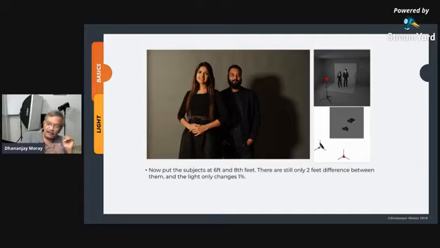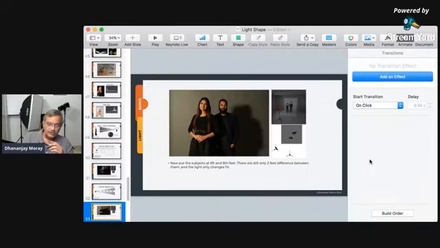But because the light has moved behind, the light on the female model and the light on the male model are almost the same. So therefore, the difference is not that much noticeable. Now, both the skin tones appear to be very close to what it was originally.